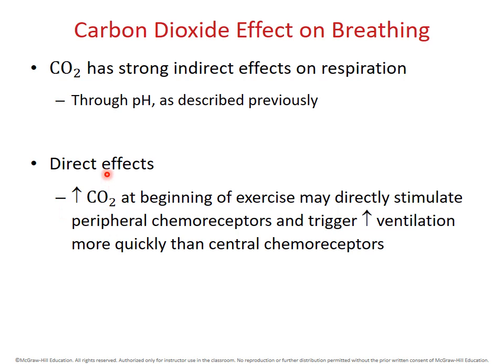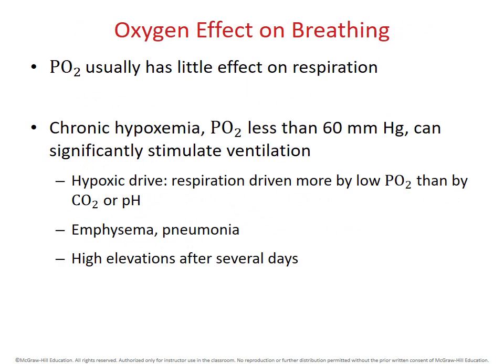Increases in CO2 generally mean I need to increase my ventilation rates to blow off that excess CO2. And so, not just through pH, but by itself, CO2 levels may directly stimulate peripheral chemoreceptors, not so much the central chemoreceptors, and this will trigger increases in ventilation as well, just as we would expect.